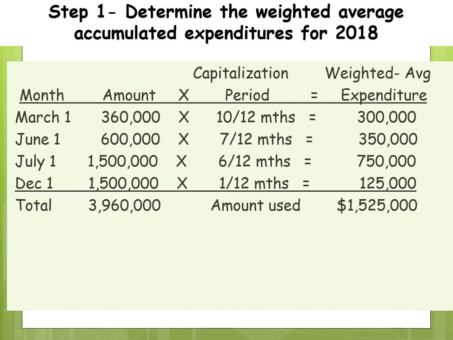So that $3,960,000, if we weigh it based on when the expenditures were made, equates to $1,525,000. Now we need that number because now we're going to be able to figure out how much interest to capitalize based on the weighted average of those expenditures during the year, which would be the amount that the interest would be incurred on.